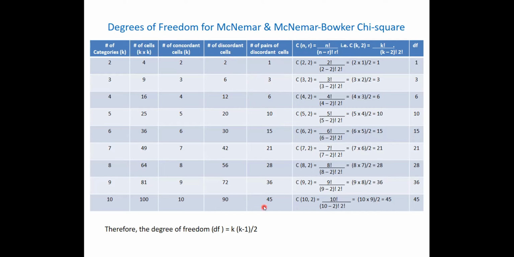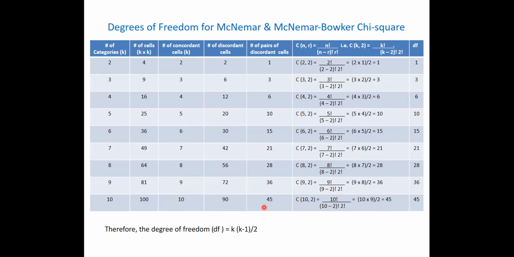Now, if you remember, whenever you want to know how many ways you can compare or arrange things, you can pair things. If you have 3 groups, how many ways can you pair them? You pair them in 3 ways.